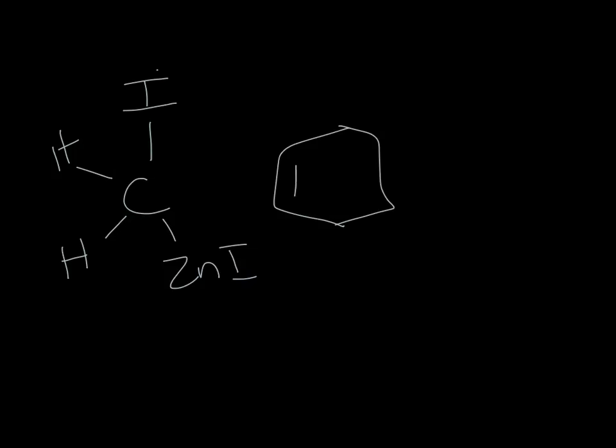If we draw the structure out, I've got two H's, an iodine, and then this zinc iodine type structure, and then I can have some alkene. Essentially what's going to happen is, this zinc iodide is going to behave a little bit like the Grignard would, so this pair of electrons here can come onto there, these can go here, and my iodine leaves as the leaving group.